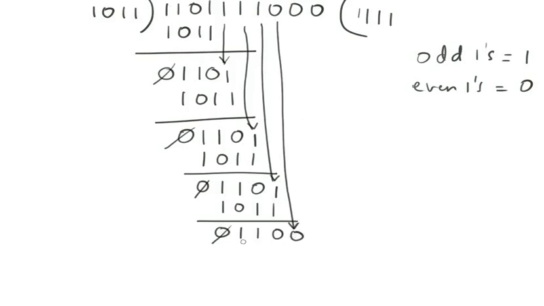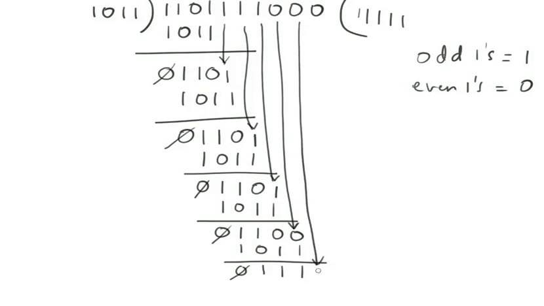Again the first bit is equal to 1, so put a 1 here and write 1 0 1 1. Even number is 0, odd number is 1, odd number is 1, odd number is 1. Discard this bit and bring the next 0 here. So put a 0.